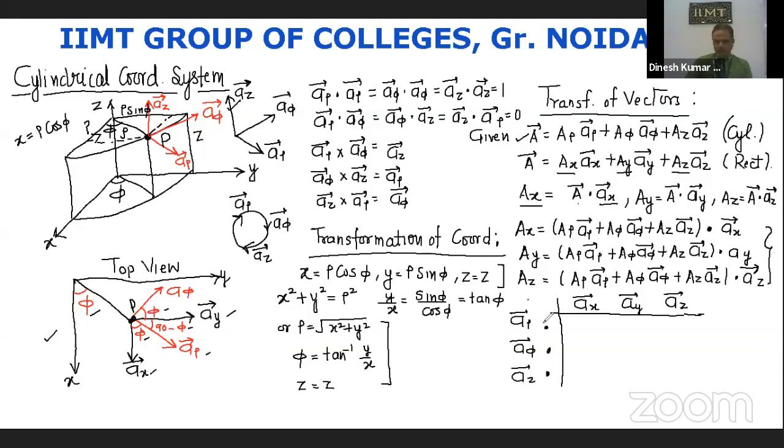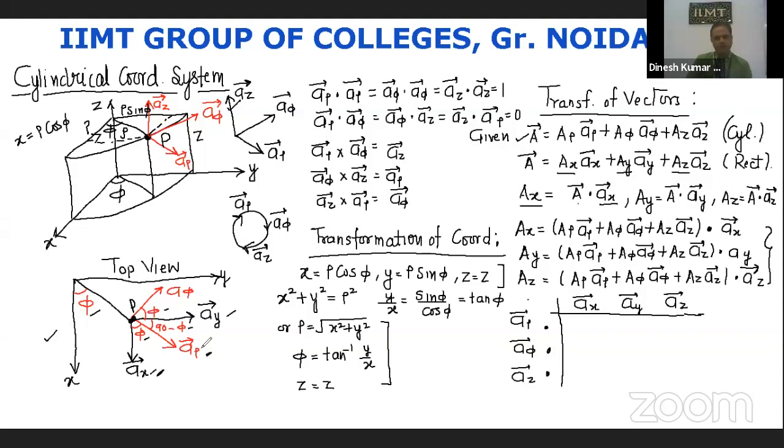So we need to find out the dot product of A rho, A phi and AZ with AX, AY and AZ. So give focus to the figure given at the bottom of your screen. What is the angle between A rho and AX? If you look at this figure, this is AX, here it is, and this is A rho.